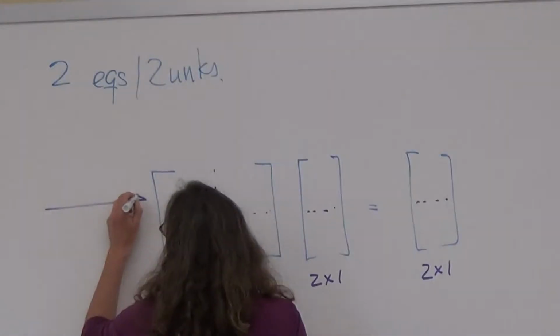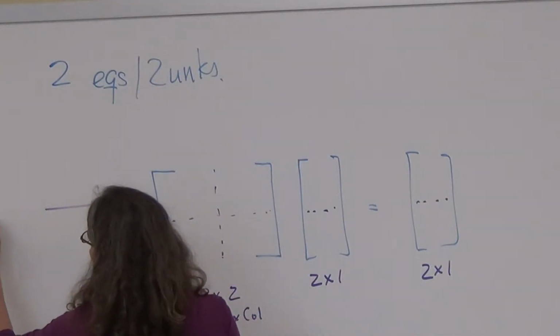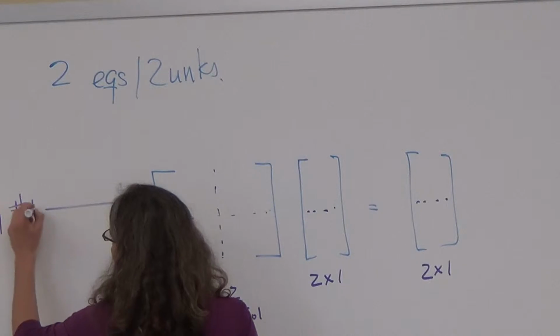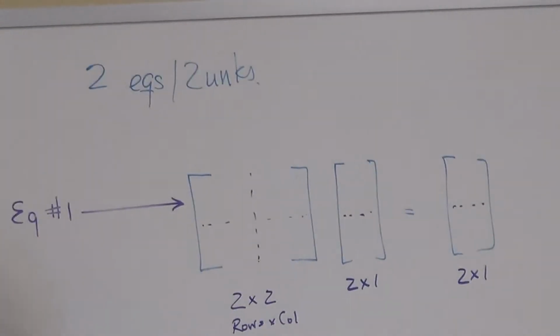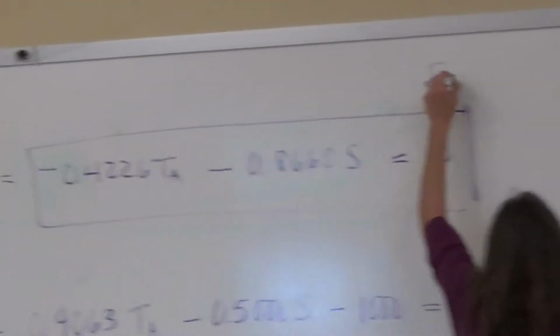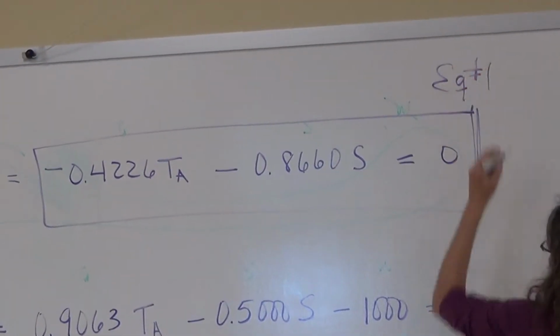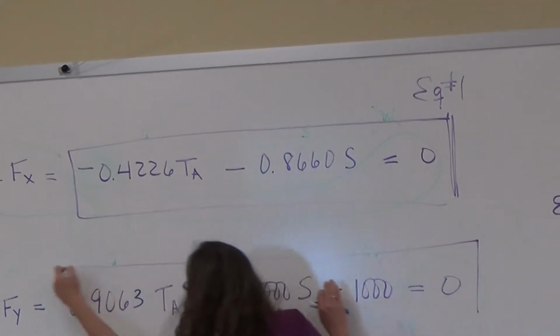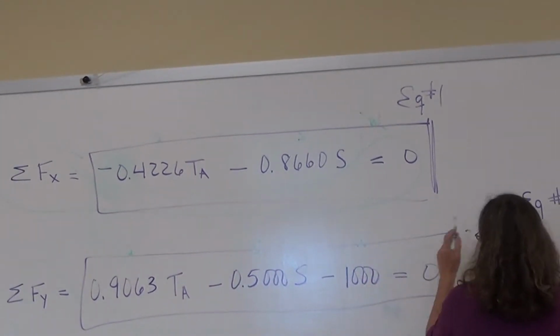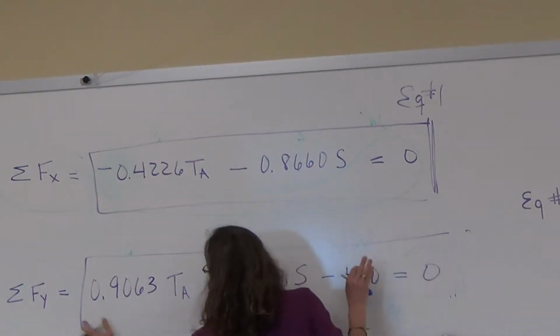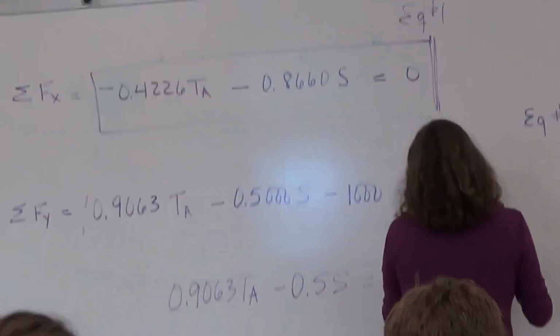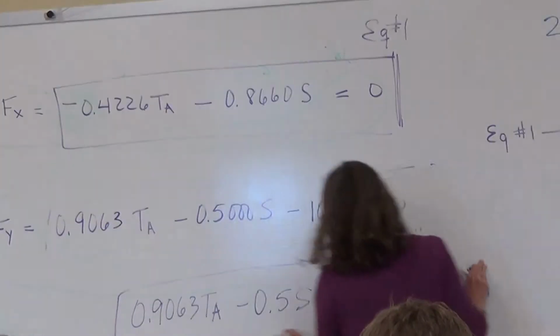The first row represents equation number 1, which is what this is. This right here is equation number 1. This is equation number 2.